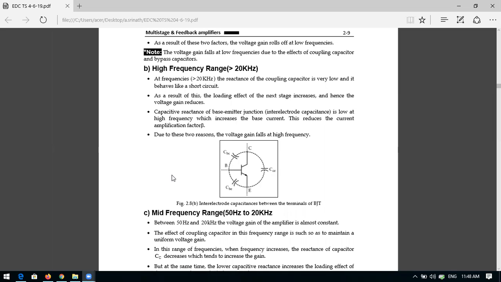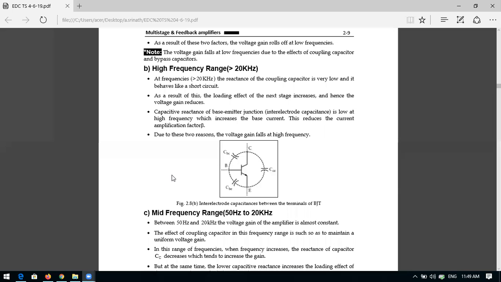Another effect, the major effect of this: every transistor has its inter-electrode capacitances. What is the meaning of inter-electrode capacitance, or inter-junction capacitance, or base-emitter junction capacitance, or whatever the capacitance is called?